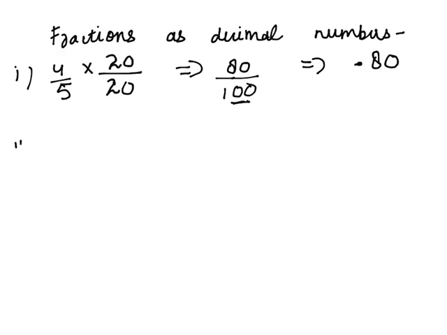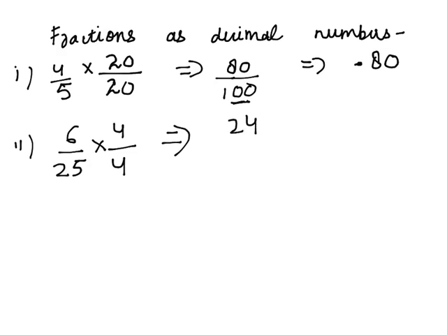Next we have 6 by 25. Here we can easily make the denominator 100 by multiplying it by 4. So we have to multiply numerator and denominator by 4. We will get 6 times 4 is 24 by 100. So it will give us 0.24.